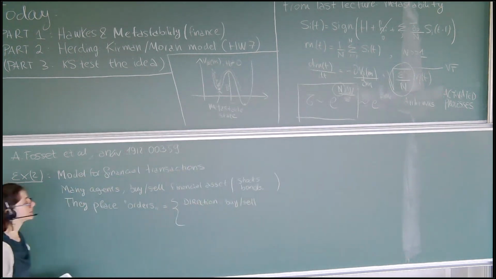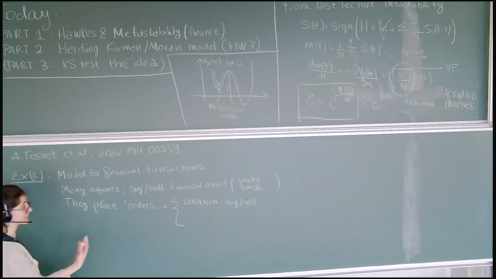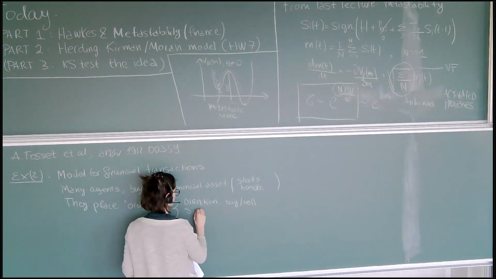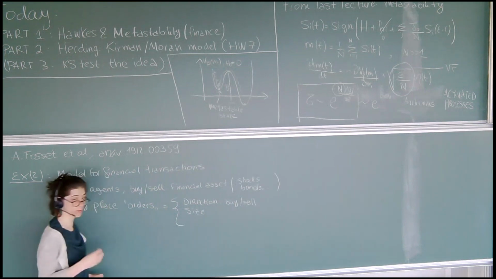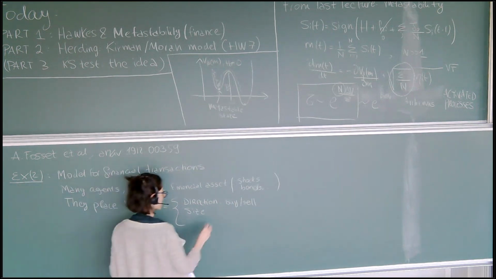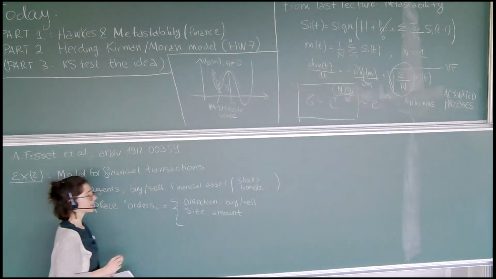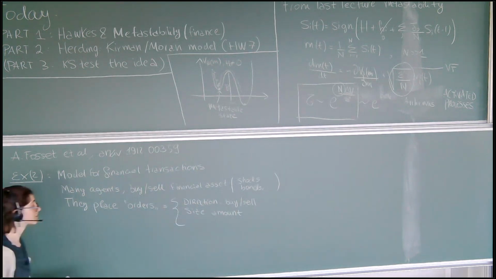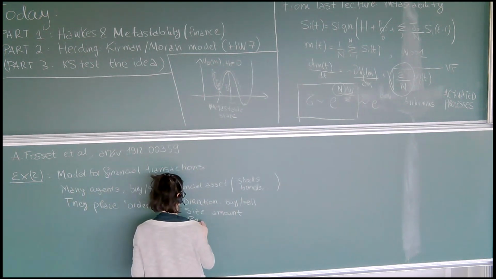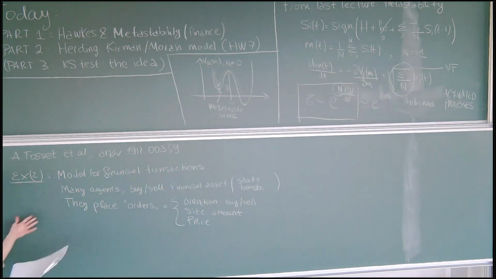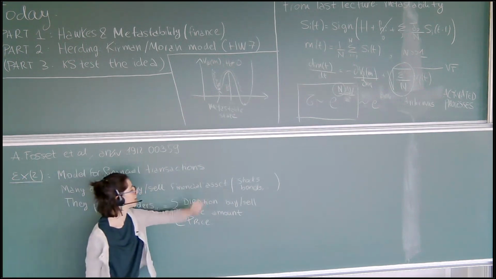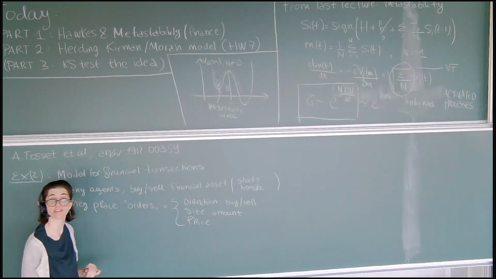Then you have to specify what is the size of your order, so what is the amount of product that you want to buy or sell. And then you want to specify the price. So in general, what you say is, I want to buy, I don't know, 6 units of my given financial asset at a given fixed price.